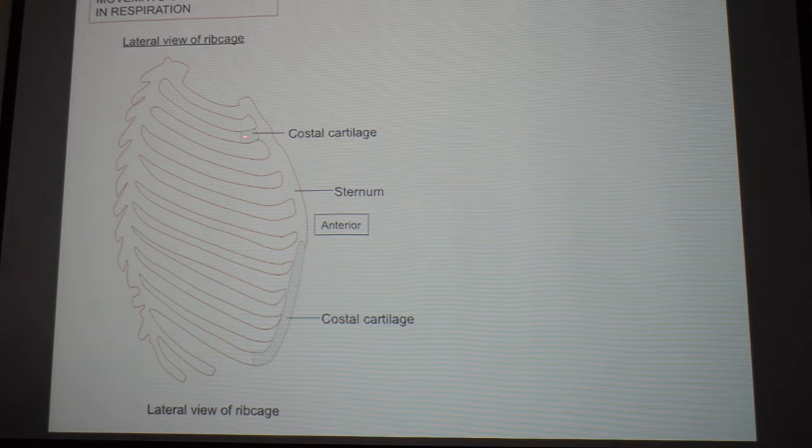There you have the sternum, the costal cartilage. This is anterior, that is posterior, this is superior, this is inferior. Now look at how things are when we see laterally from a side view.